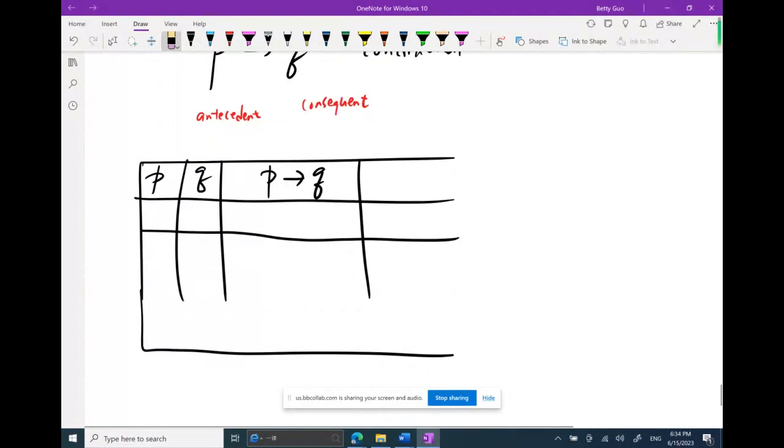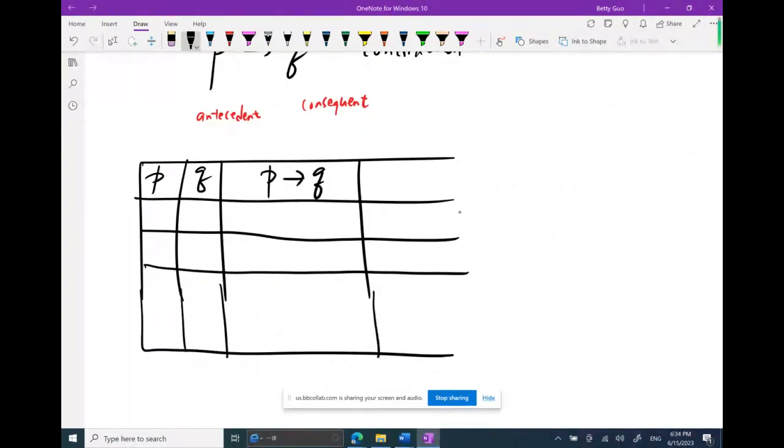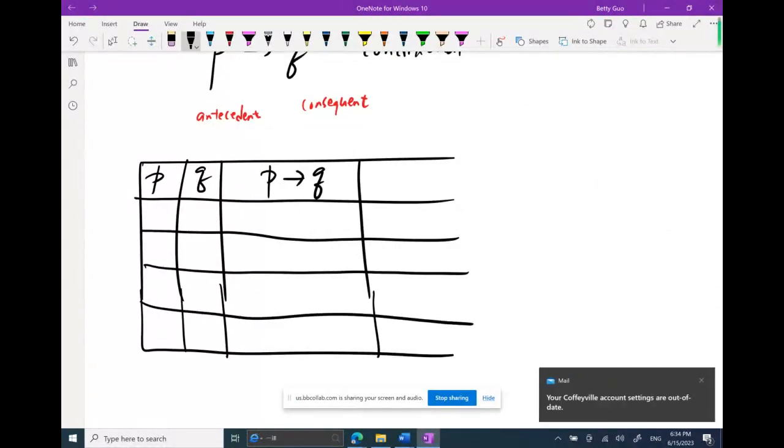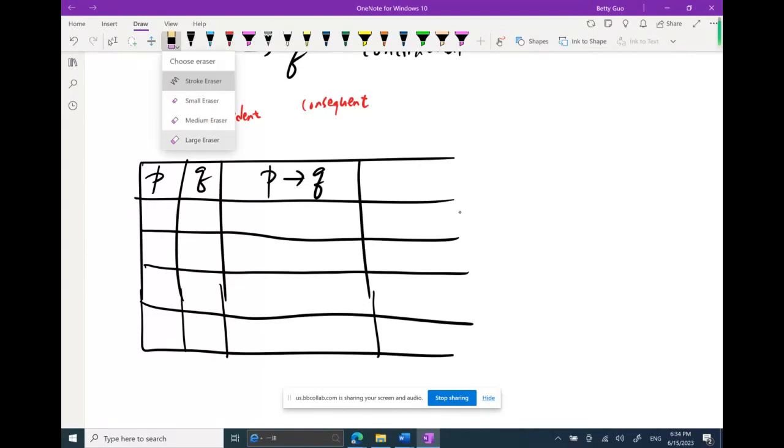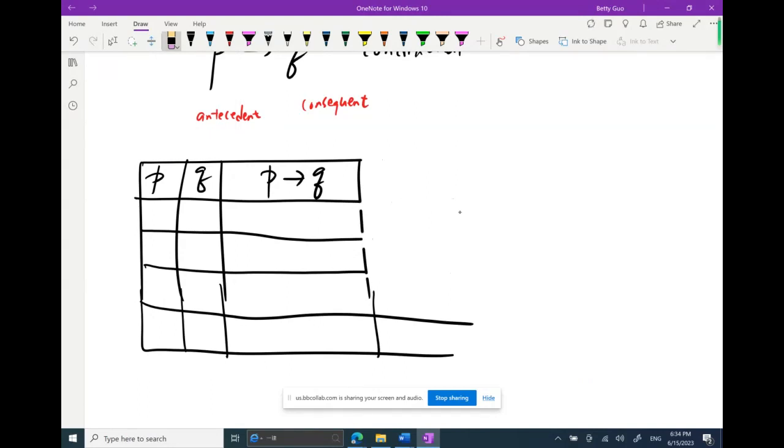Let me rewrite that. 1, 2, 3, 4. The last column would be the target statement, the conditional statement. So the four cases: case number 1, case number 2, case number 3, case number 4.